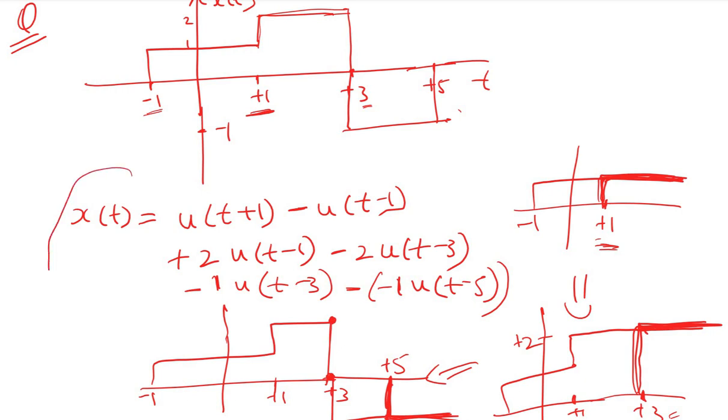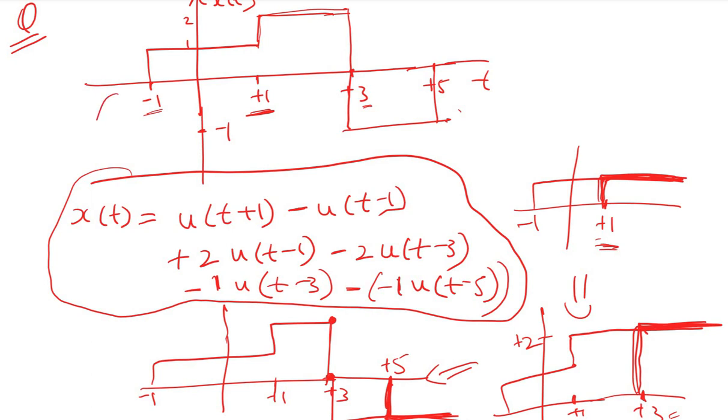So this is the mathematical expression of this signal. This is how we can step by step write down any signal mathematically. We can further simplify it by simplifying these mathematical operations. But this is the way we represent any given graphical signal as a mathematical expression.